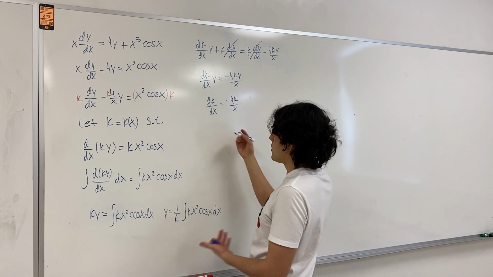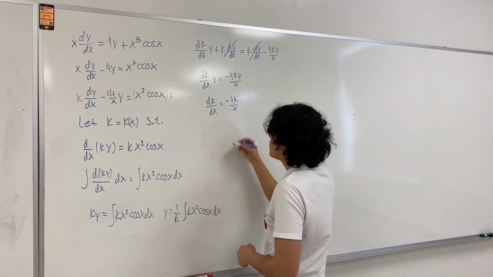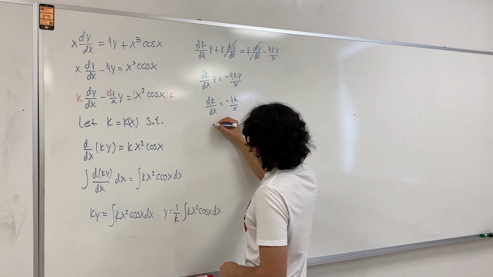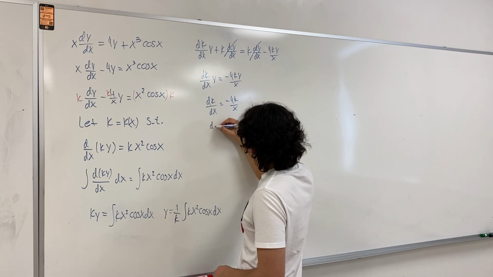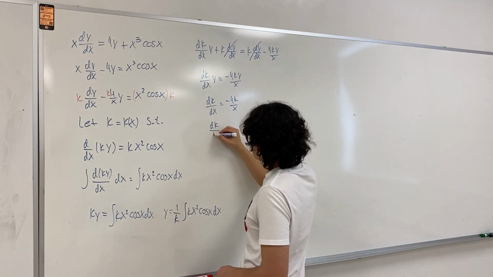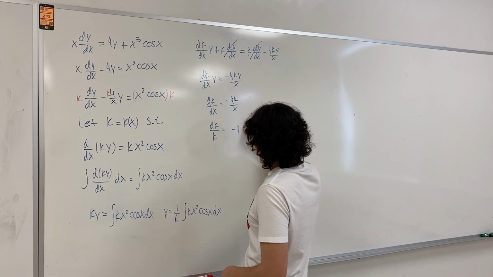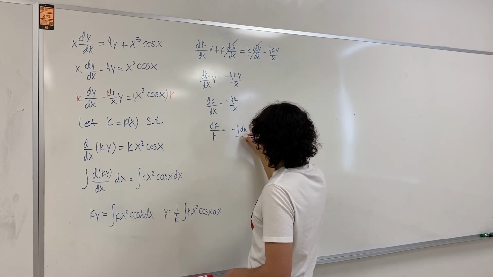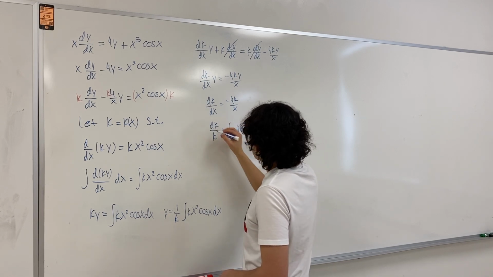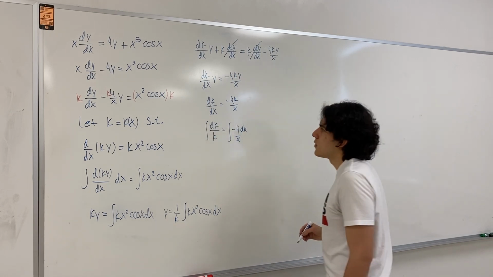So now we can solve for k and then plug it in here. I'm going to divide by k on both sides. So we have dk divided by k is equal to minus 4 dx divided by x. And I'm going to integrate both sides of this equation.